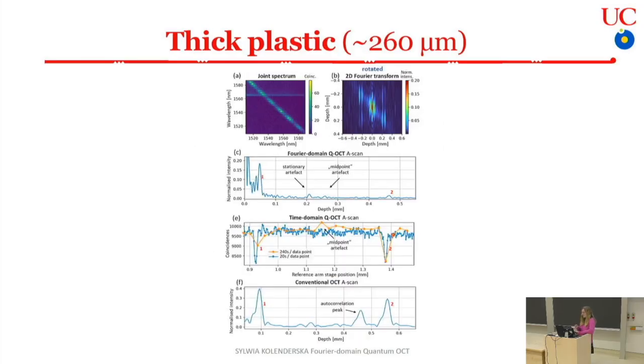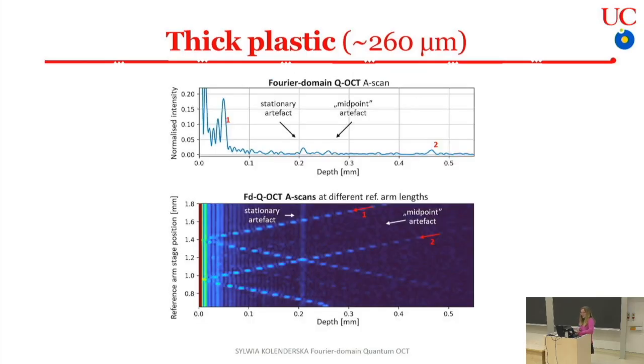For conventional OCT, again, clear two peaks and the autocorrelation peak. Then I wanted to show this to you because this image you can interpret as a kind of B-scan, a two-dimensional image.